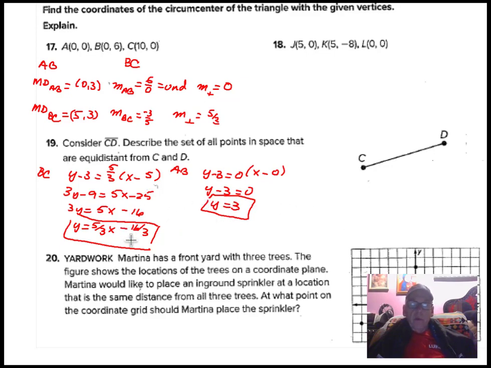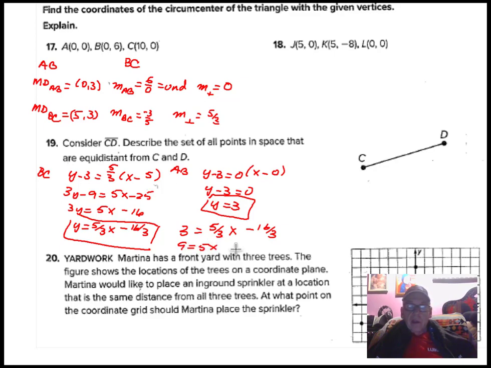Now the place where these intersect each other is going to be the point of concurrency, or the point that's equidistant. So I need to stick 3 in for y. So we end up with 3 equals 5/3 x minus 16/3. Multiply everything by 3. 9 equals 5x minus 16. Add 16 to both sides. 25 equals 5x.